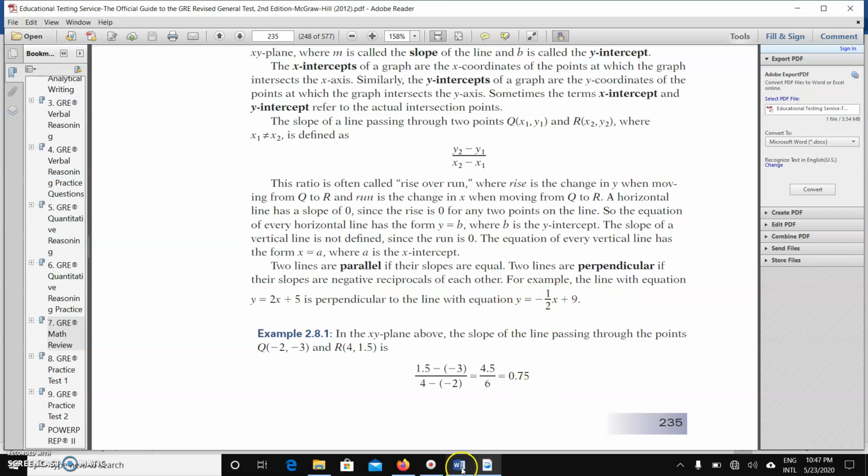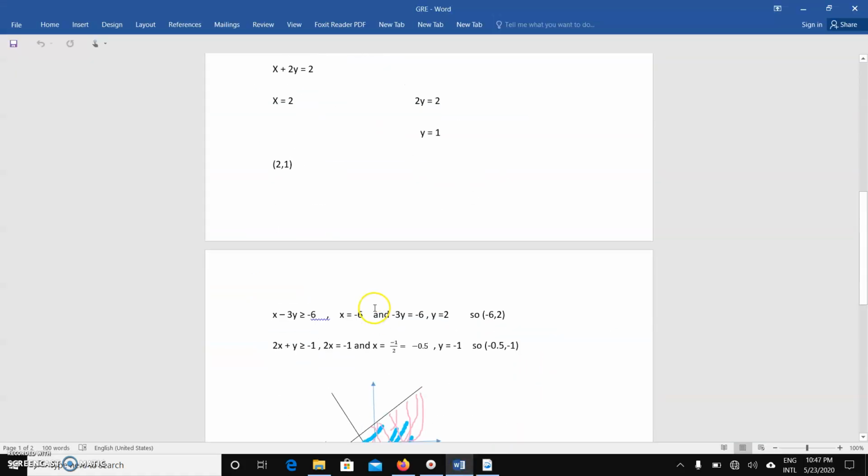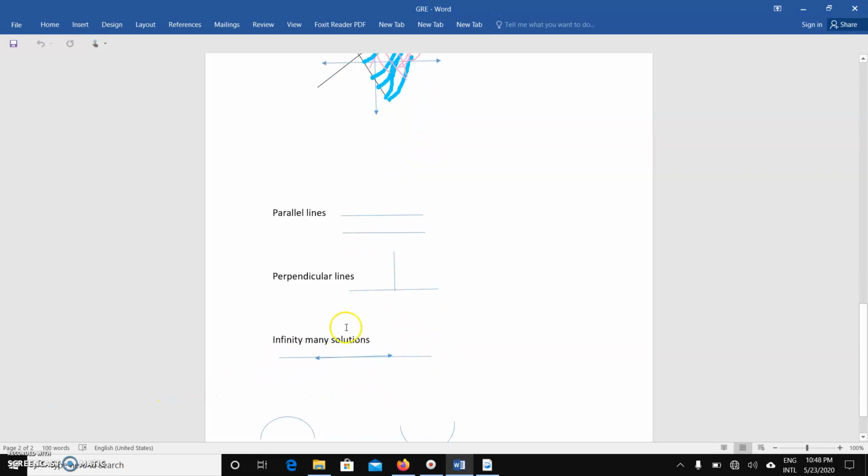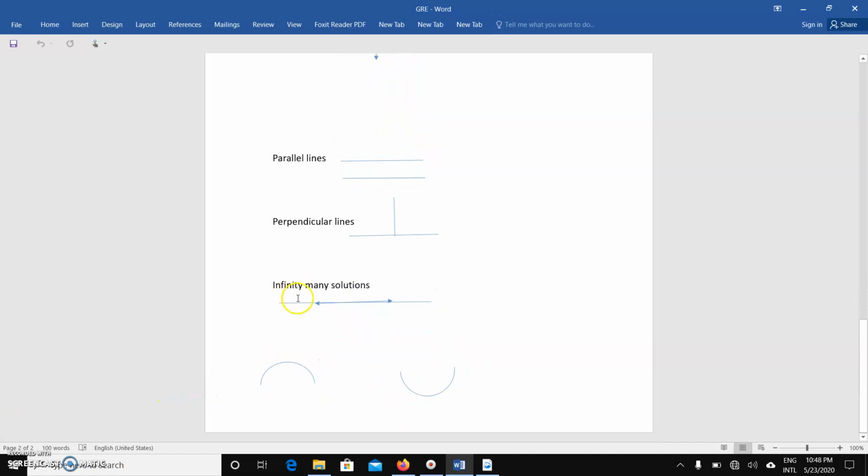So let me just show you how this looks on the graph. Here we have two lines like this that are not meeting. Parallel lines don't meet. Perpendicular lines, they meet. Infinitely many solutions is when we have two lines on top of each other.